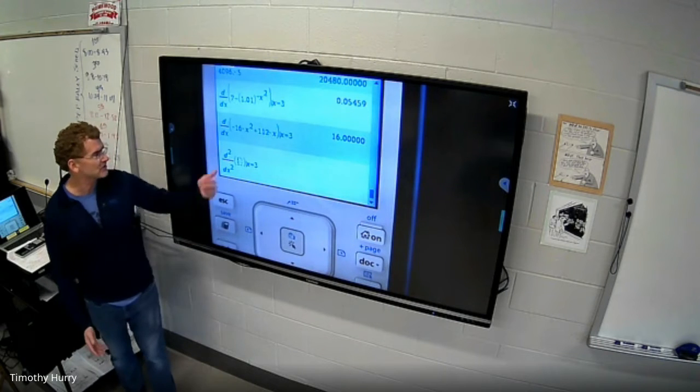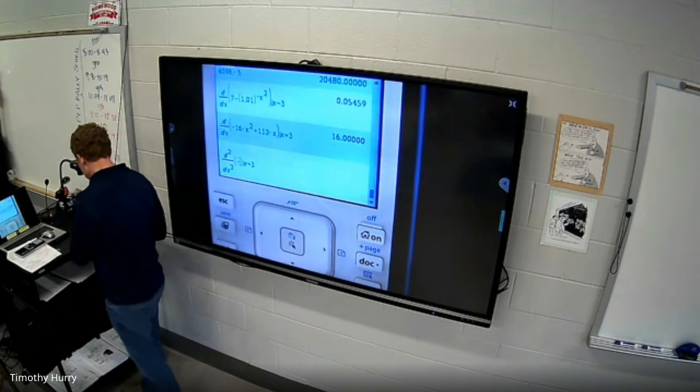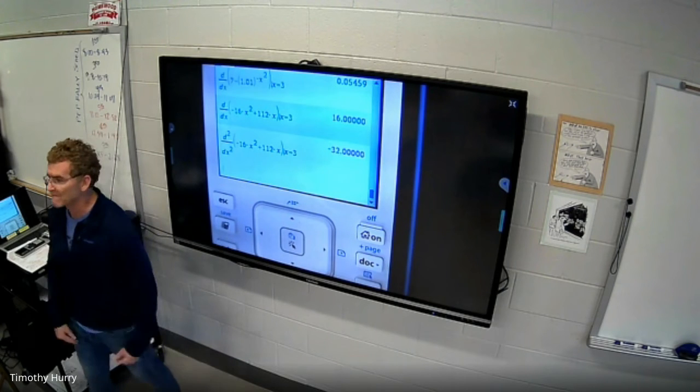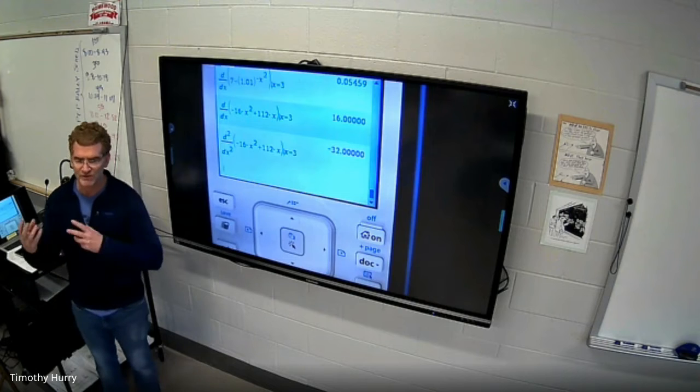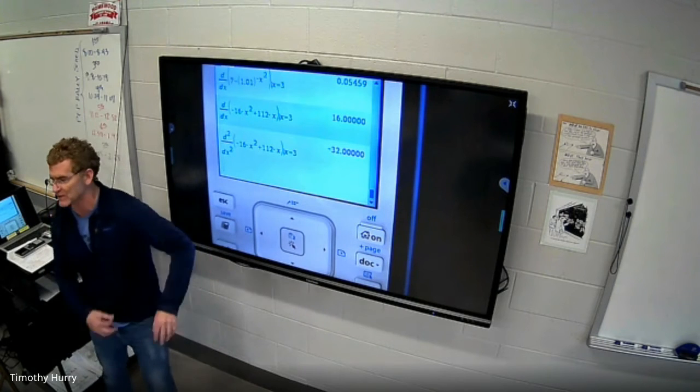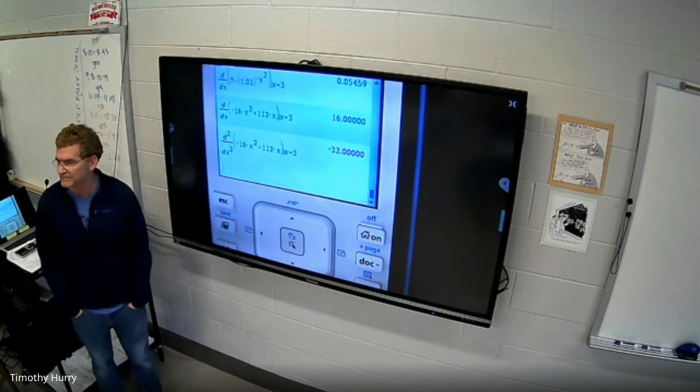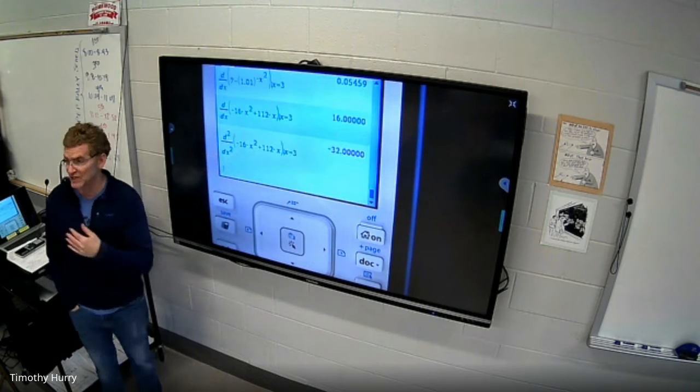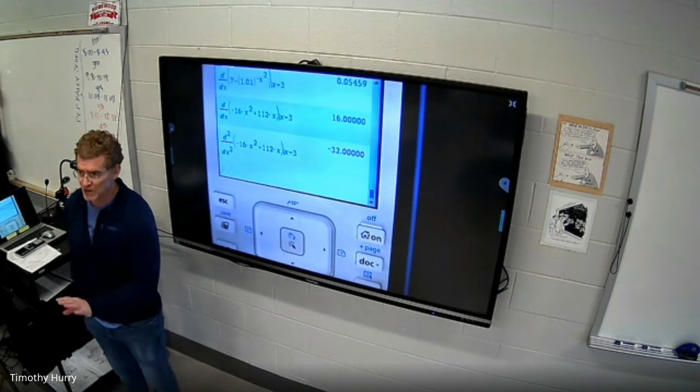So all I have to do is type in my negative 16x squared plus 112x, and it finds the second derivative for me without having to remember to put an x first and then a 3 second. It just does it nice and neat. So that would be the acceleration if I had asked you that. You got with me on that?